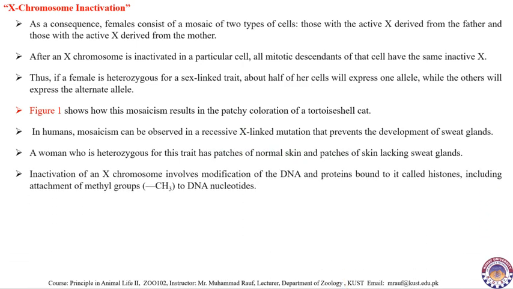And how is the process of inactivation done? Inactivation of an X chromosome involves modification of the DNA and proteins bound to it, called histones. So the DNA is in association with histone proteins, and some modification occurs to those histones. Histones themselves are polypeptides, made up of amino acids.